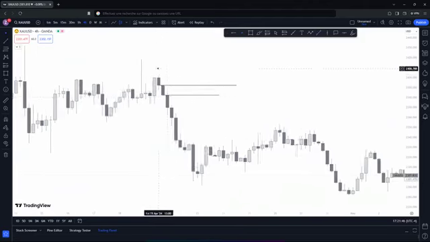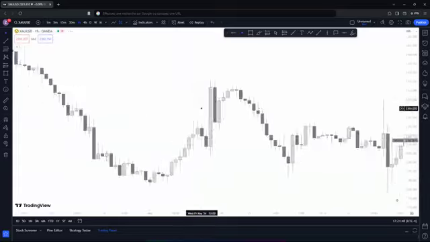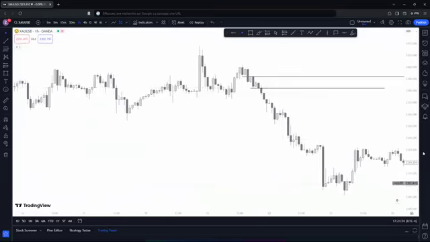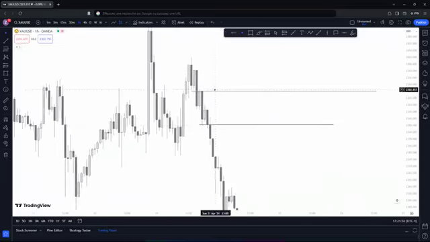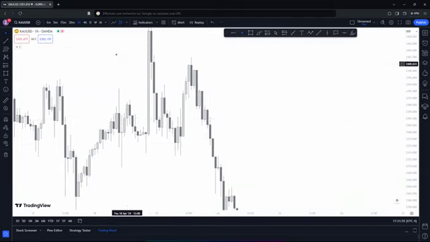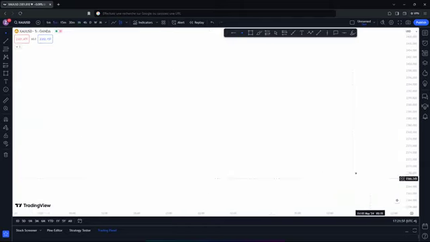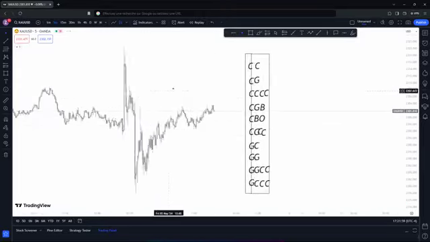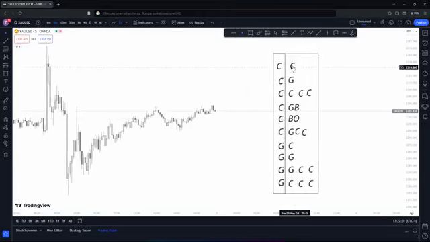Let's just mark these. H4 gap, when you go to the H1, here we have an H1 gap. So that is also an equilibrium. You get my point, guys? So for these two setups, they're called equilibrium, CC.